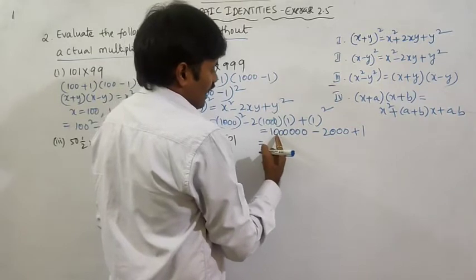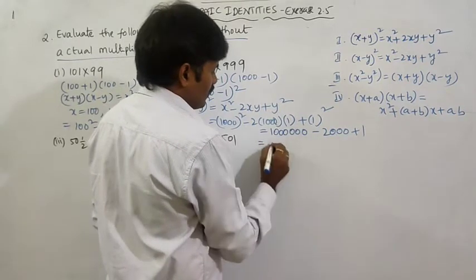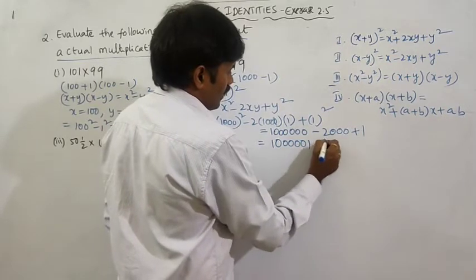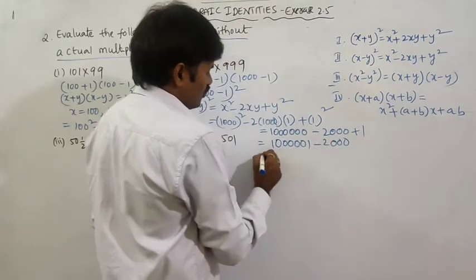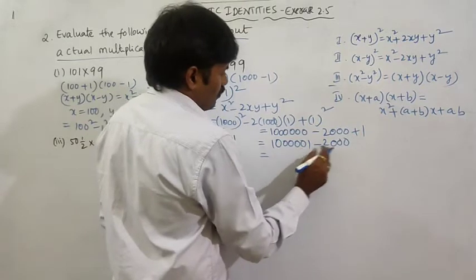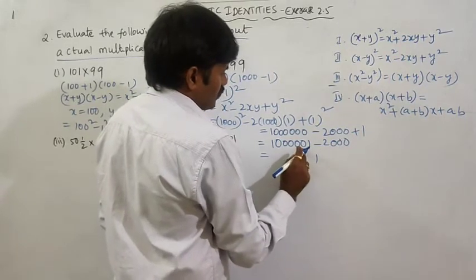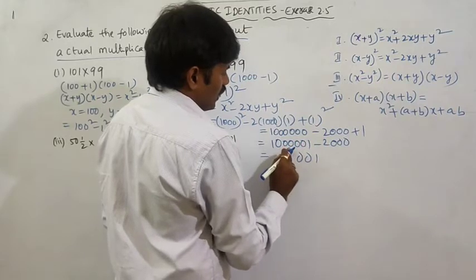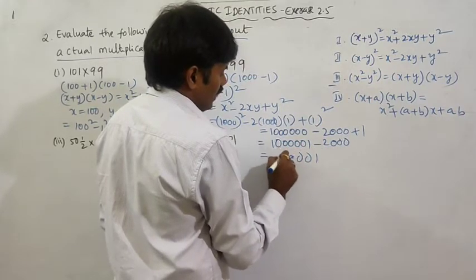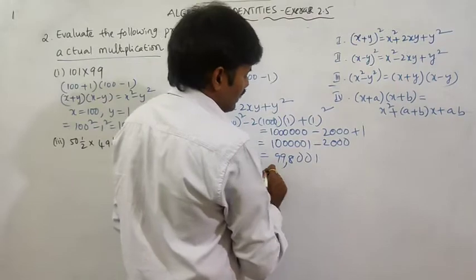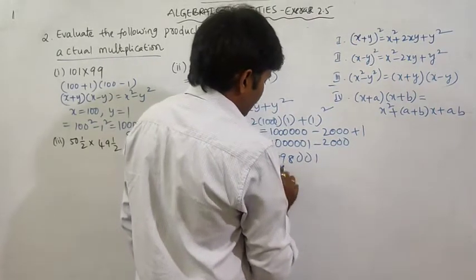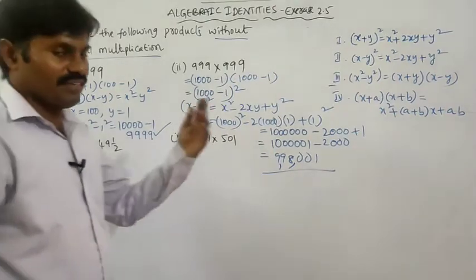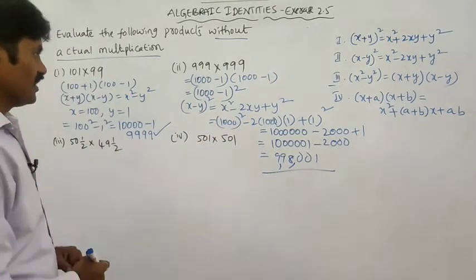So it is how much? 10 lakhs, na? 10 lakhs plus 1, 10 lakhs 1, 5 zeros 1, minus 2000. So we get here 1 minus 0 is 1, 0 minus 0 is 0, 0 minus 0 is 0. Here 10 minus 2 is 8, 9, 9. Sorry, 9,98,001. We already solved this in previous classes, is it?